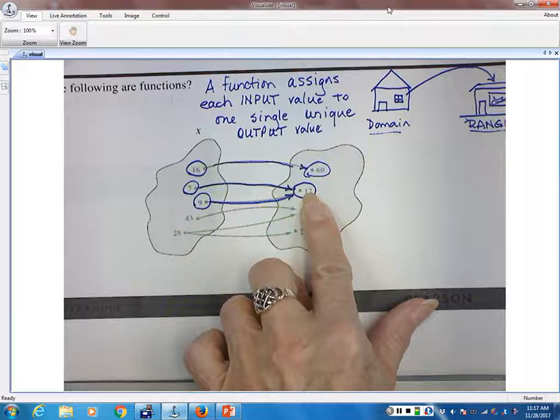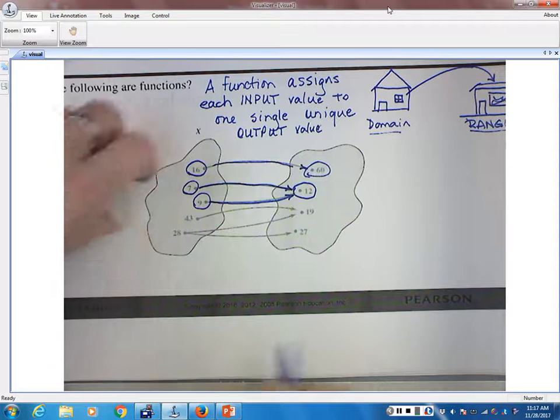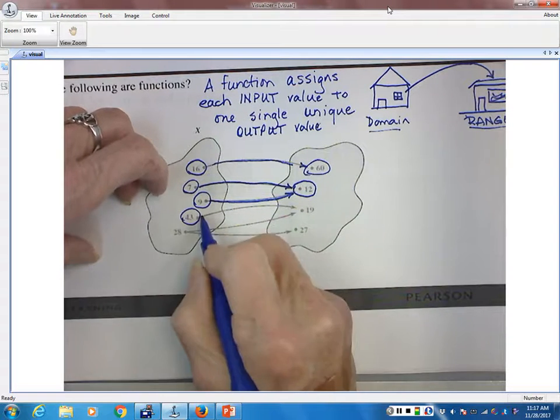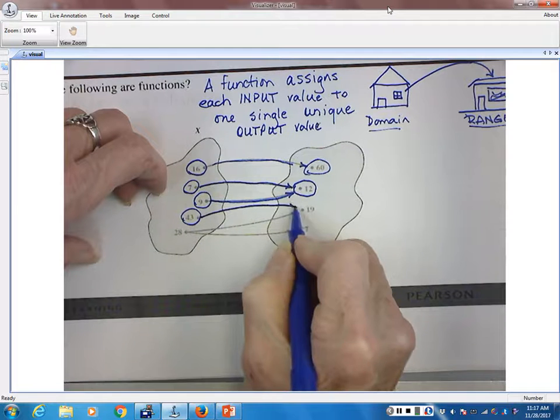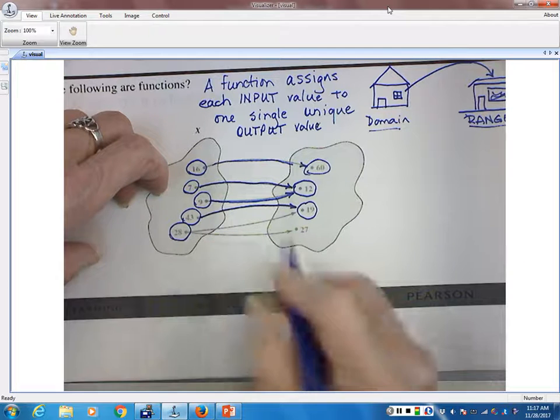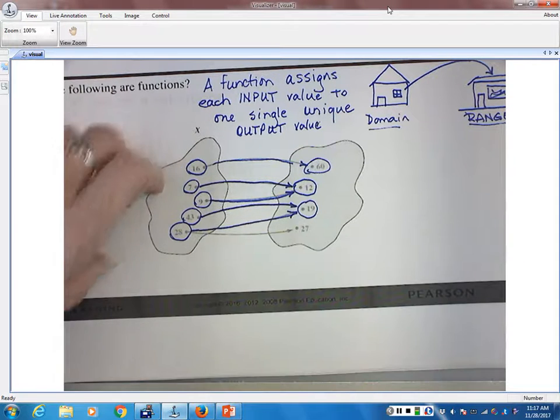And it could be unique to several other people that are going to that school that day. Same thing happens with 43. 43 leaves its home and travels to a place called 19. And 28 left its home and also traveled to 19.